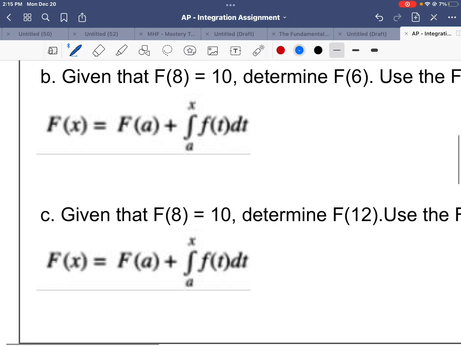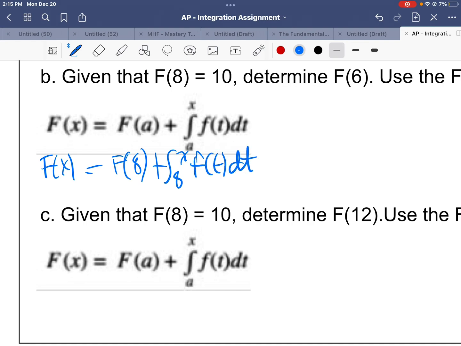So I write this down: F of x equals F of 8 plus the integral from 8 to x of f of t dt. I know that change of variables is confusing. I keep saying that later, but we will deal with it later.